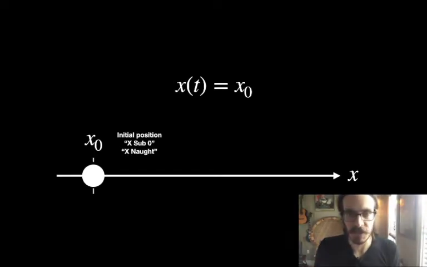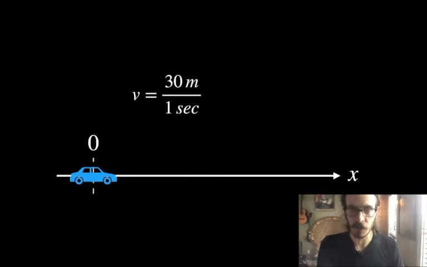If we want to make this example a little bit more interesting, let's say we have a car, and we know that the car is moving at a velocity of 30 meters per second. And we'll say that the object is at position 0 when we start the experiment.